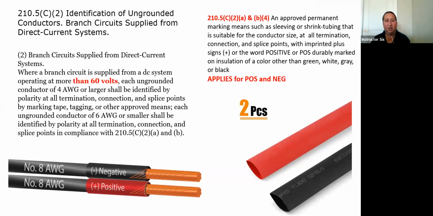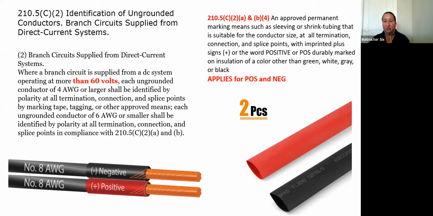Where a branch circuit is supplied from a DC system operating at more than 60, each ungrounded conductor should be identified. So you can see here, they use the black for negative and the red for positive, or the conductor could have an N with a line which is negative and a plus for positive. So it doesn't have to be color coded, but it can have a negative and a positive to identify the DC conductors.